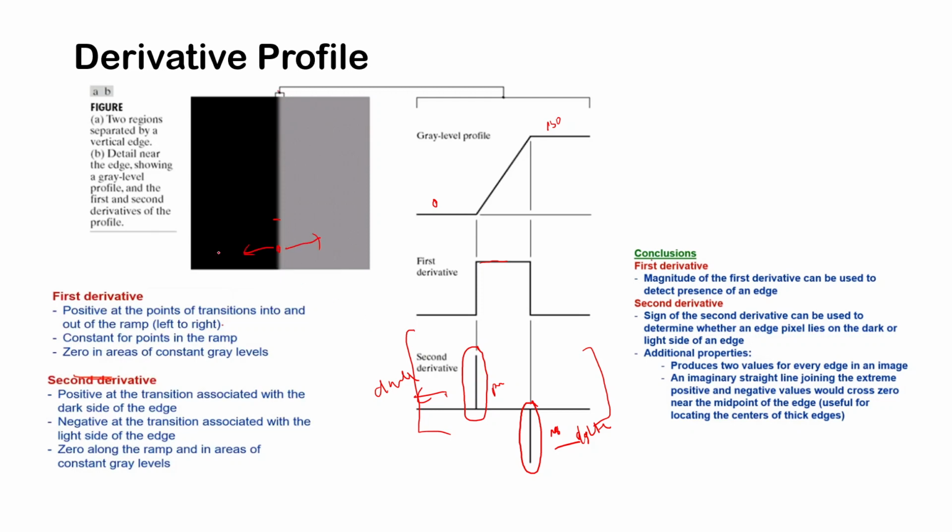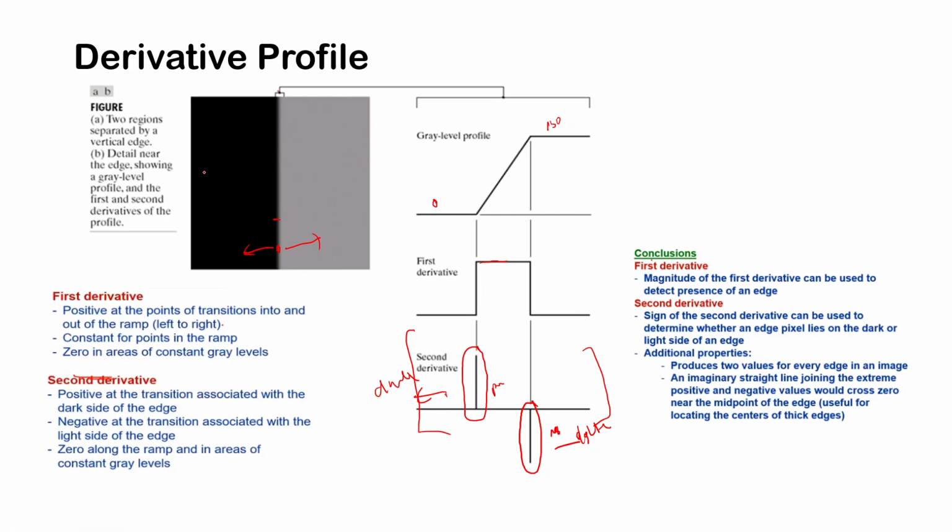This is an area that is always 0, and then you have the ramp. It's going to be positive going from black to the white, and then you have the negative when it goes from black to white. This is the ramping here, this is another ramp here, and this is another profile. So it is 0 along the ramp and in areas of constant gradient.